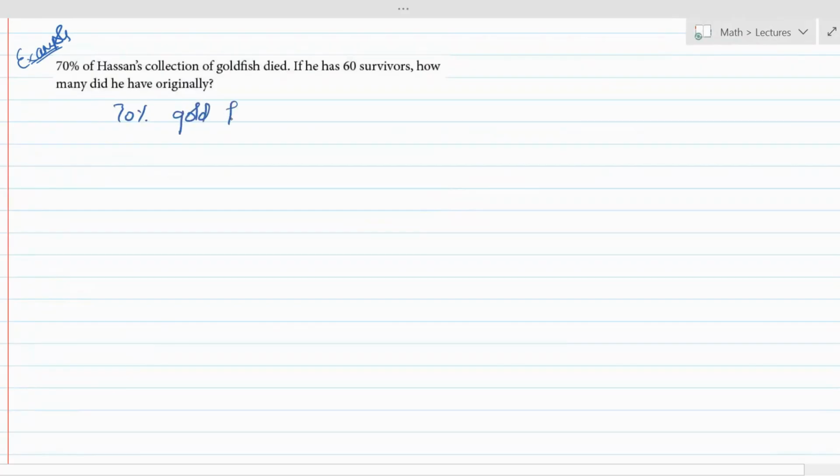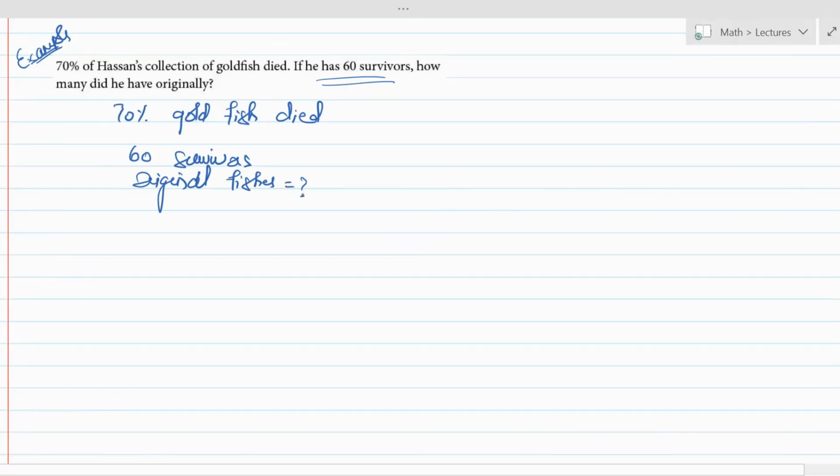If he has 60 survivors, how many did he have originally? So how many did he have originally means the original fishes are to be found.